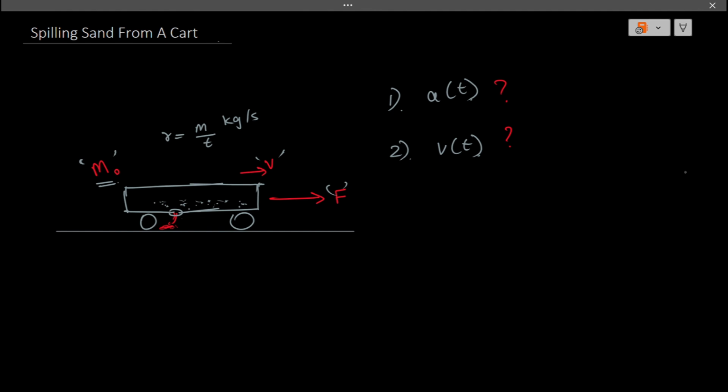Now, talking about the acceleration as a function of time, we have the force divided by mass. The trick here is the mass is not constant, it is a variable and time dependent.